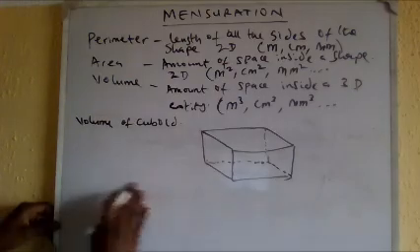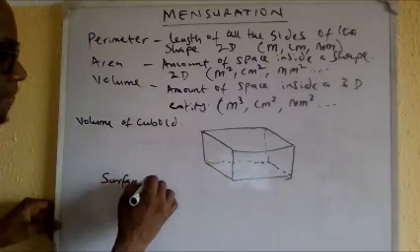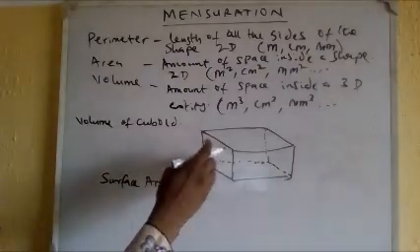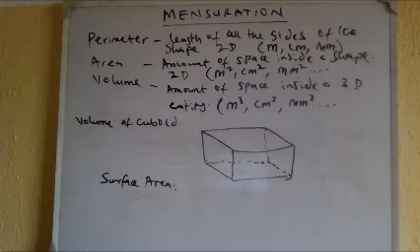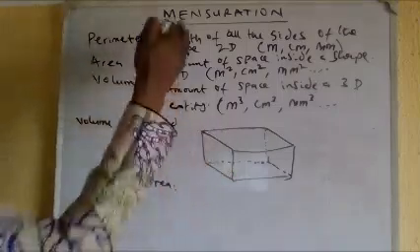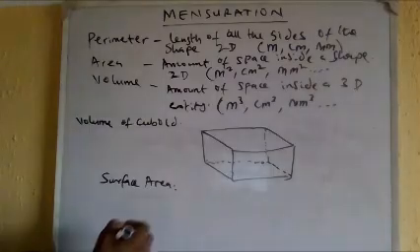And the surface area. So we talk about surface area for a cuboid. Surface area is the area of all the 6 of them, the surfaces. So look at it this way. If I take this first side like this, the area is length times breadth, for a rectangle.